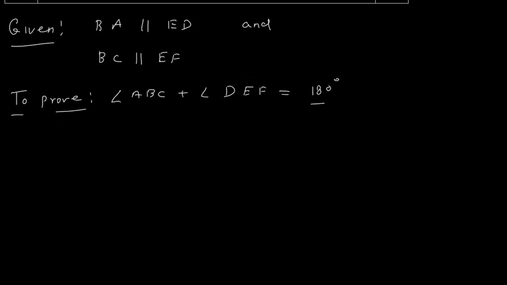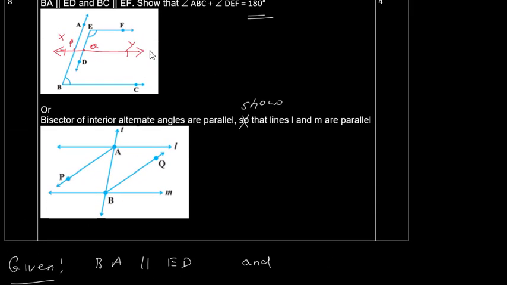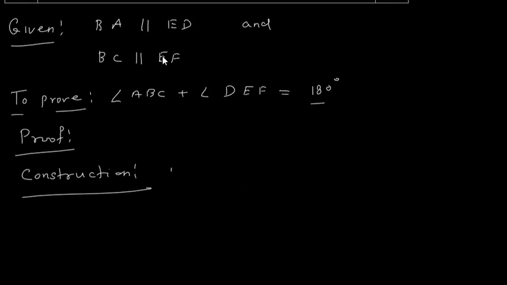Now, in proof, what we do? Proof. So here first we have done construction. What construction we have done? We have drawn XY parallel to BC. Now as BC is parallel to EF, XY is parallel to BC is parallel to EF.